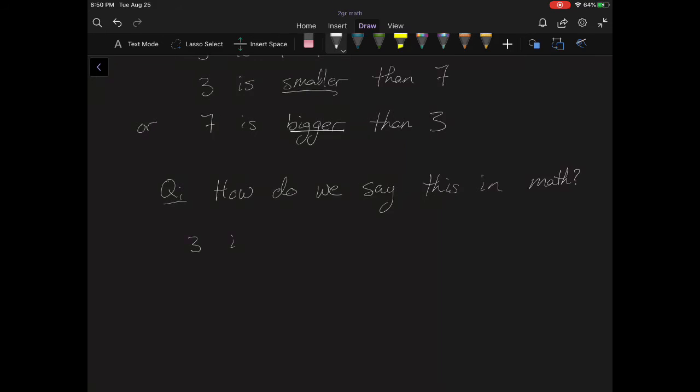So we would say 3 is less than, okay, and that's the important part here, the less than 7, or we could say, since 7 is bigger than 3, we say 7 is greater than 3.